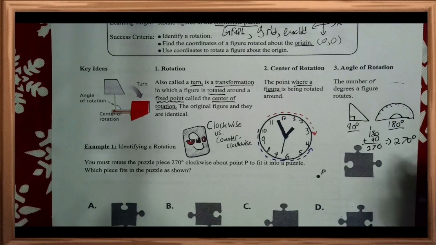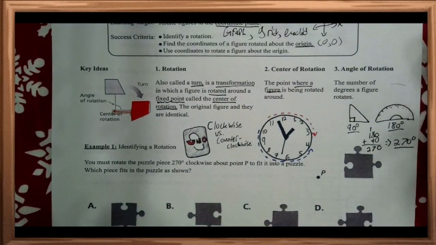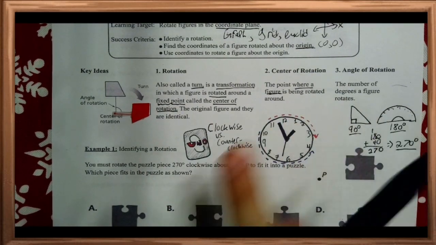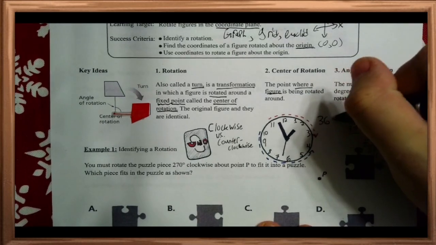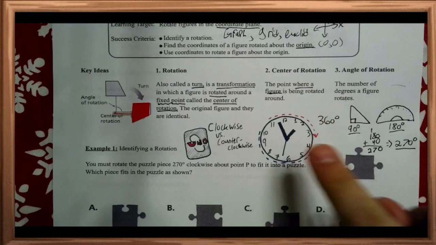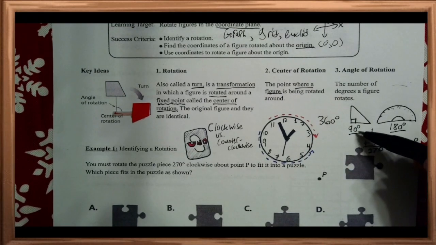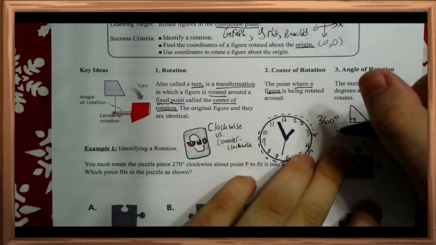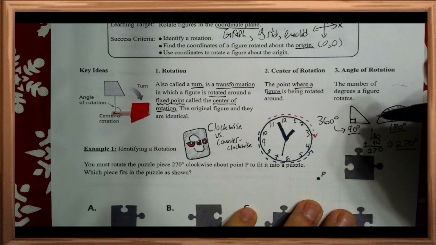So these are important numbers because if I have a circle, kind of like this clock, how many degrees is a circle? Well, it's 360 degrees all the way around. So what's neat is 90 degrees is a quarter of a circle. If we take 360 and divide it by 4, we get 90.